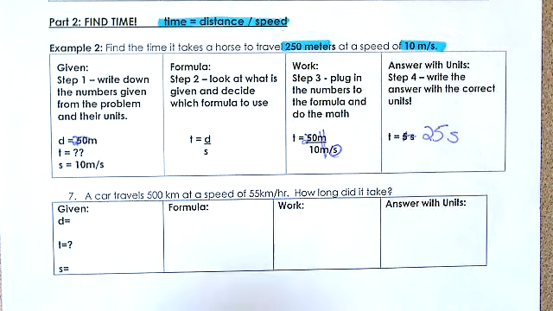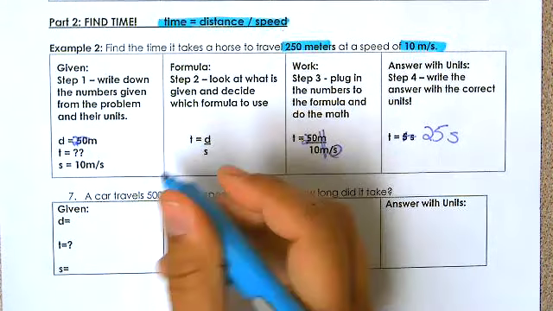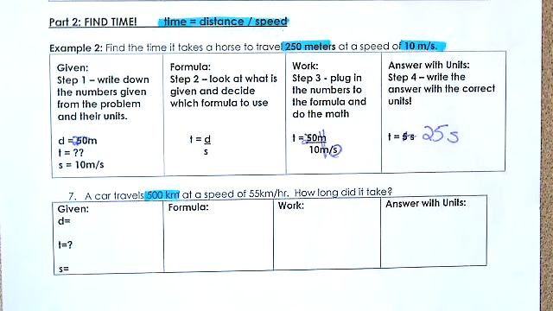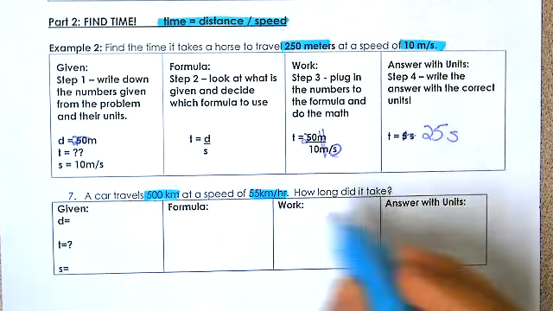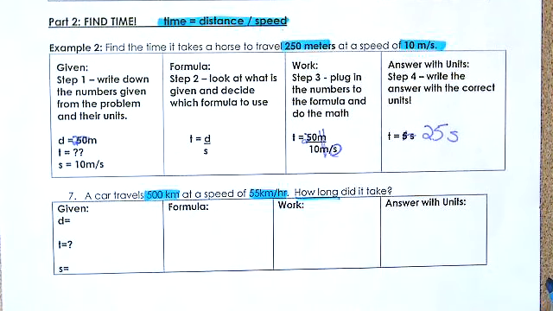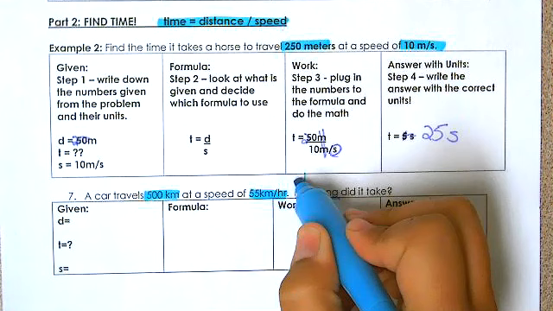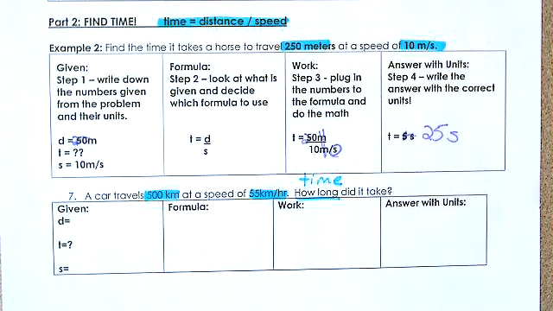Okay, let's do one more together just to make sure you know what you're doing. A car travels 500 kilometers at a speed of 55 kilometers per hour. How long does it take? So remember, how long is the time? So step 1, write down the numbers given from the problem with their units.